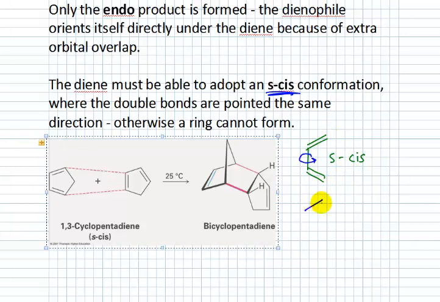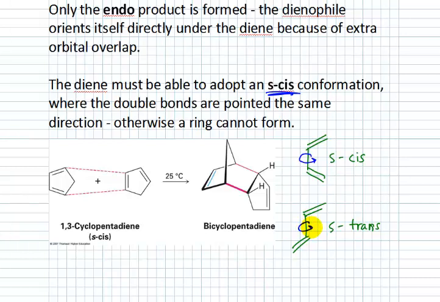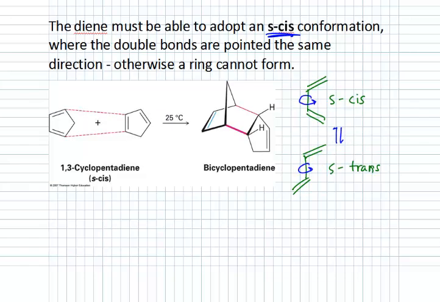The S-trans conformation is not reactive towards Diels-Alder, but if this were just your reactant, remember you can have free rotation about that double bond, so it can interconvert S-trans conformation. Where you're stuck is if you have a molecule with, for instance, a ring structure.